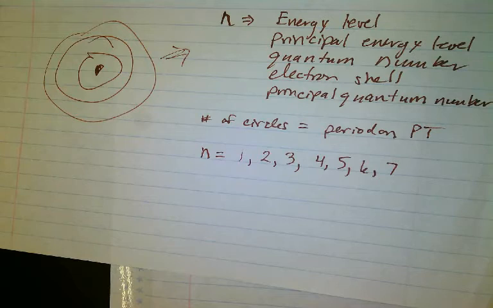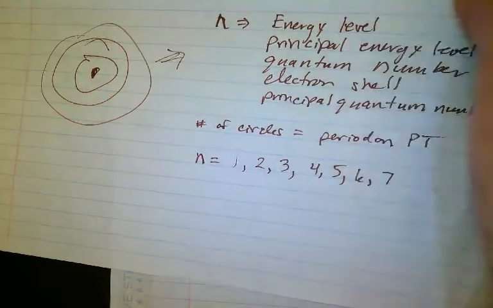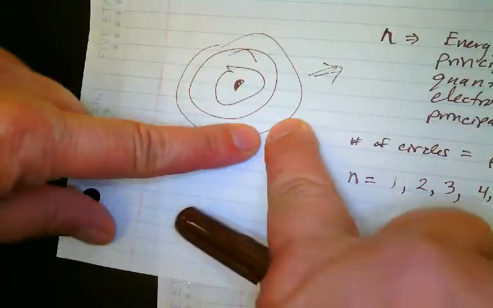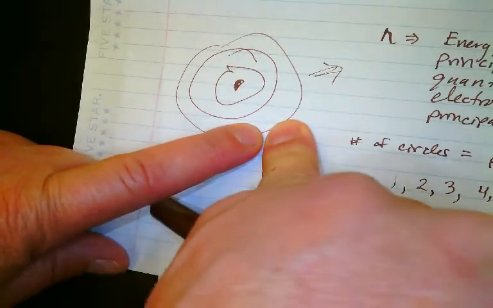Never ever. If you see a 0 or a negative number, that option is false. That is not an option on a multiple choice test. Okay? So are you good with n's?